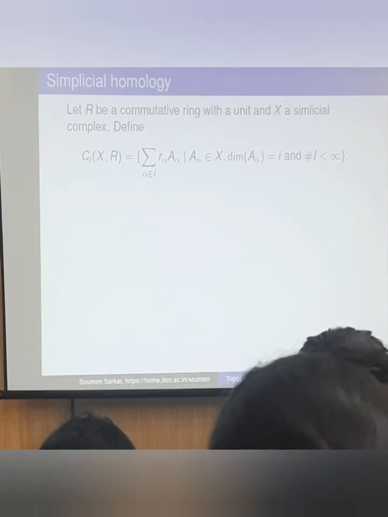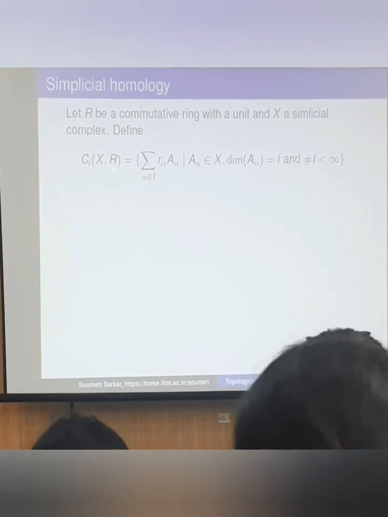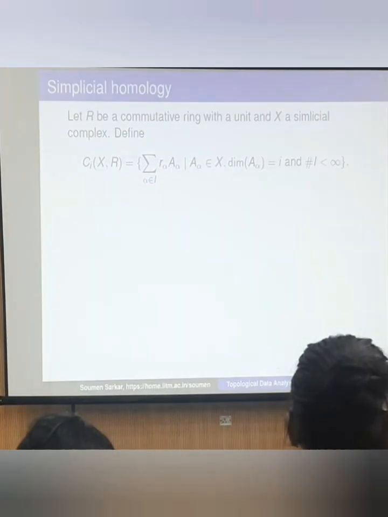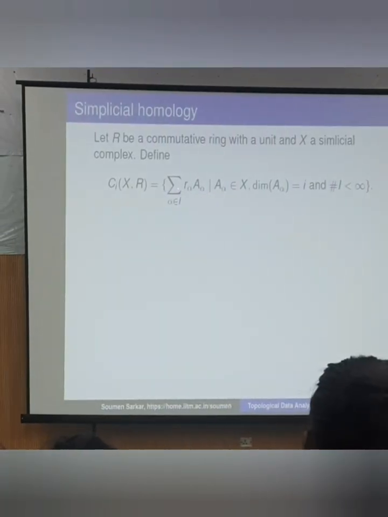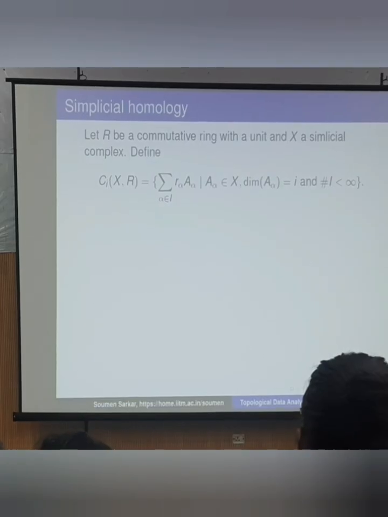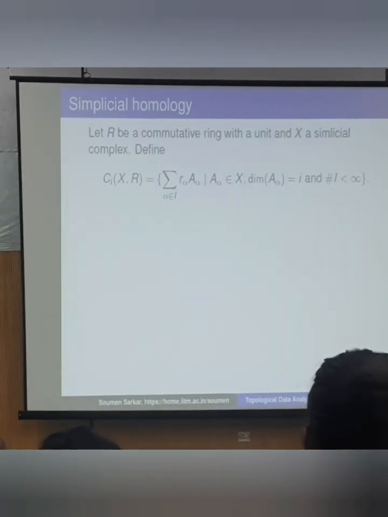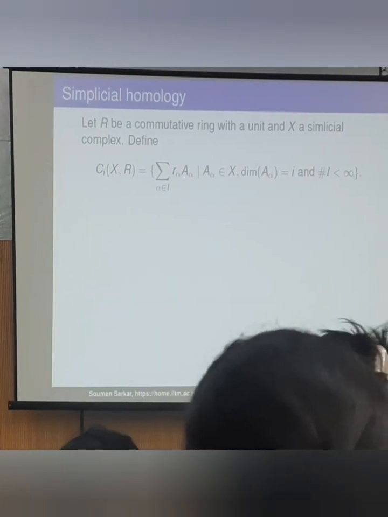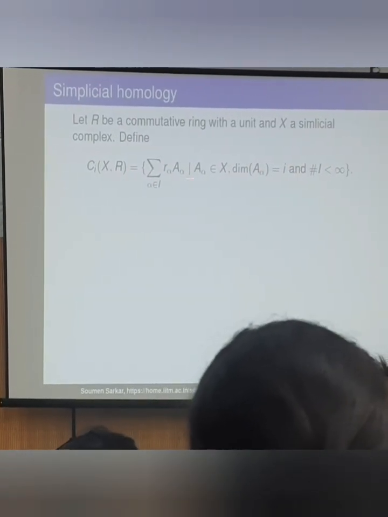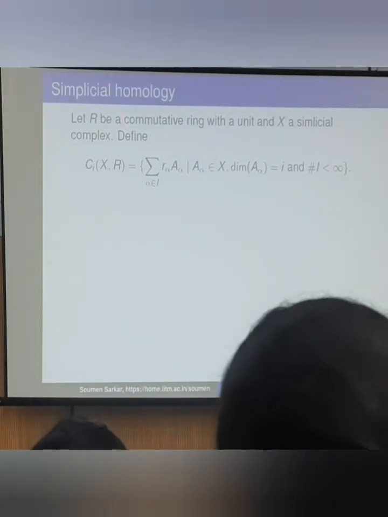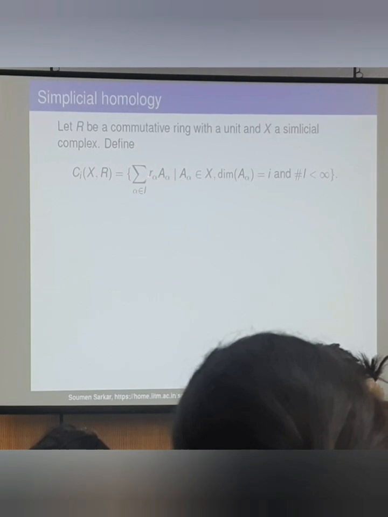Is it okay? So what structure does it have? It has a ring structure again. Given a set, we can take the formal sum, because if we add two of them, then again it is a formal sum. And if we multiply by a ring element, it is again there. So it satisfies the conditions of a group.